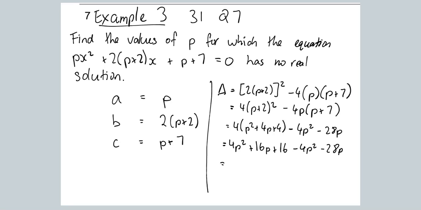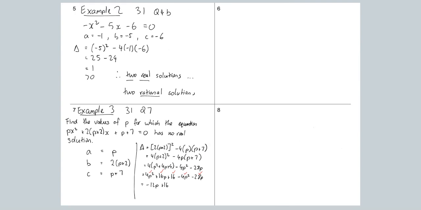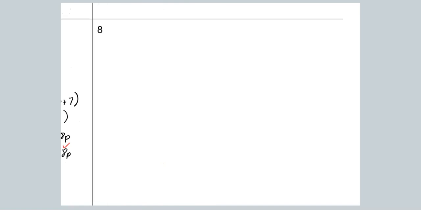And that's equal to, well, the 4p squareds will cancel out. I'm just going to put little ticks so I remember what I'm doing. So the 4p squareds have cancelled out. 16p minus 28p is negative 12p. And then I've just got my 16 left over as well, plus 16. Okay. And that's the discriminant. The discriminant is minus 12p plus 16.